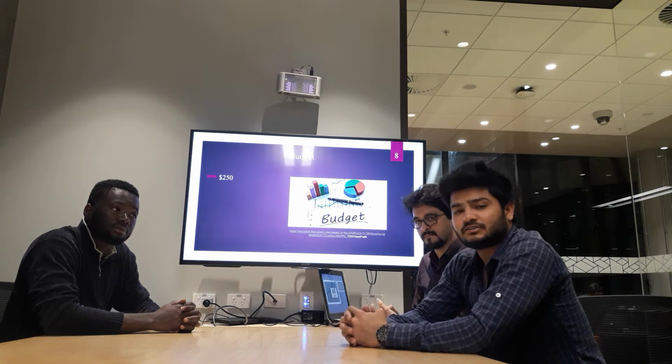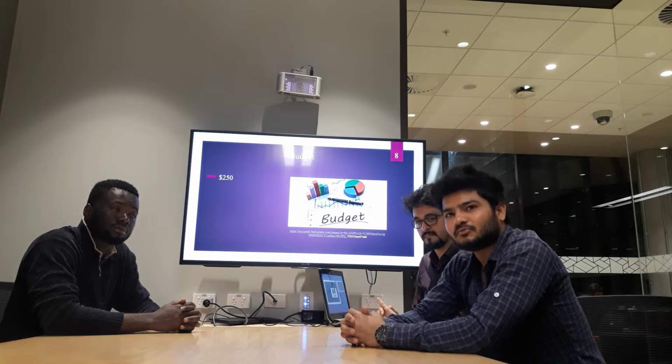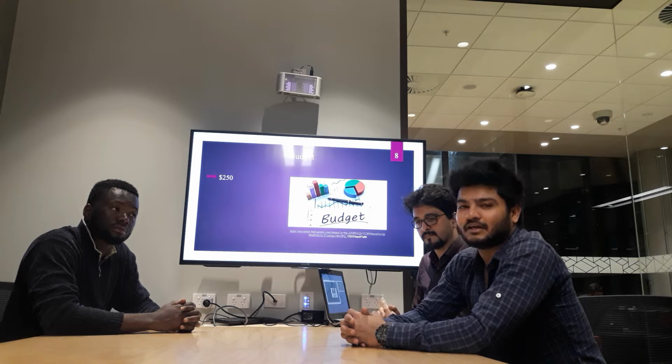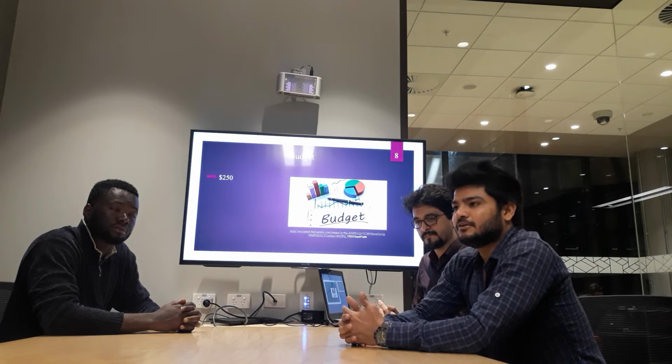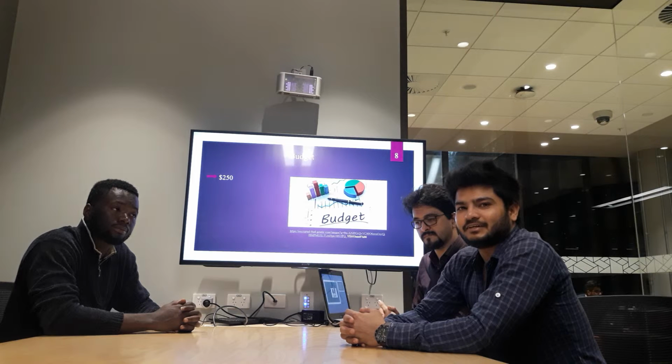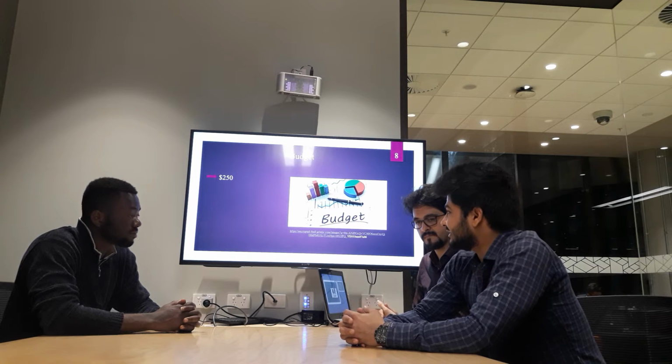It cost us $100 till now. The rest of the components we will buy as soon as we can get them. So we estimated the project cost at $250 to $300.